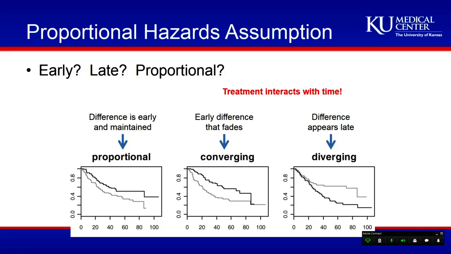It's possible, though, that you get changing differences. So we have what's called converging. That's where you do see a difference in the risk early. It actually gets bigger and bigger, but then it comes together at the end. They converge. So you'll know right away if you have lines that cross, survival curves that cross, that you don't have proportional hazards right away.